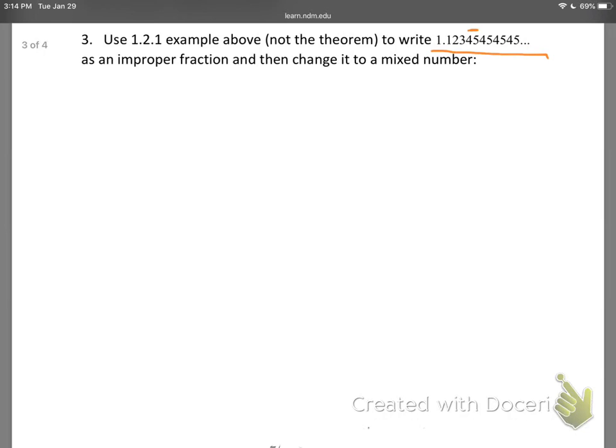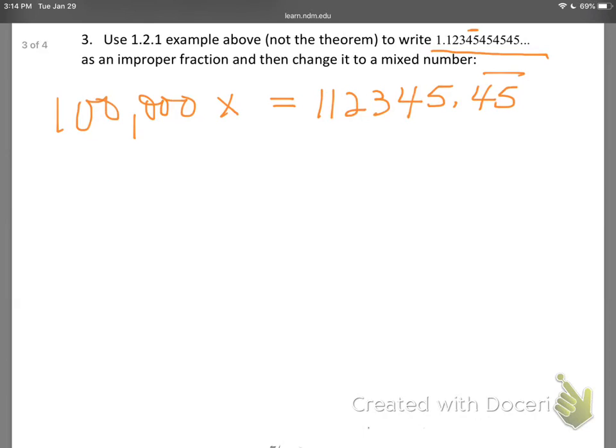So for that reason, I'm going to multiply the x, which I'm defining as this number that's underlined in orange, by 100,000. So 100,000 times that x is going to be 112345.45 bar notation. Now, this is a little bit tricky because I need to multiply the x by a number such that I can subtract away the repeating decimal.